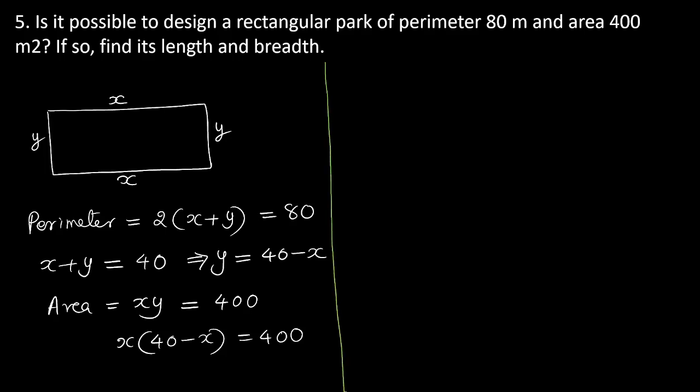The next step, like the previous question, we will open the bracket. x into 40 will be 40x. Understood? x into minus x is minus x square. Right side is 400.